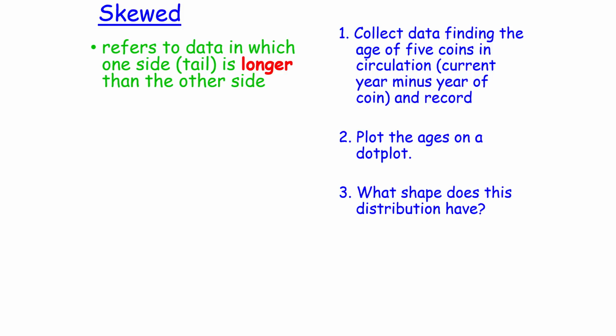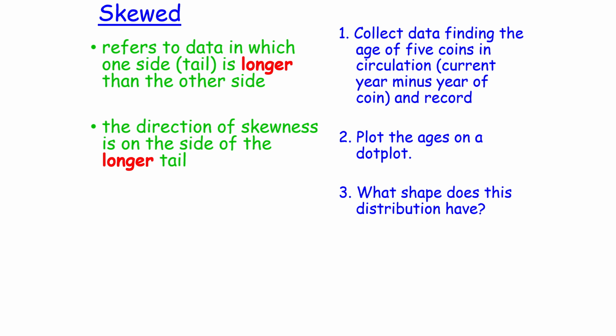So current year minus the year of the coin, and then record that. Then plot the ages on a dot plot. What shape does this distribution have? And it should come out with a skewed.